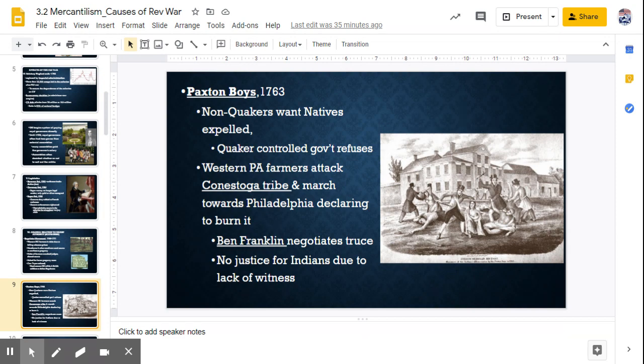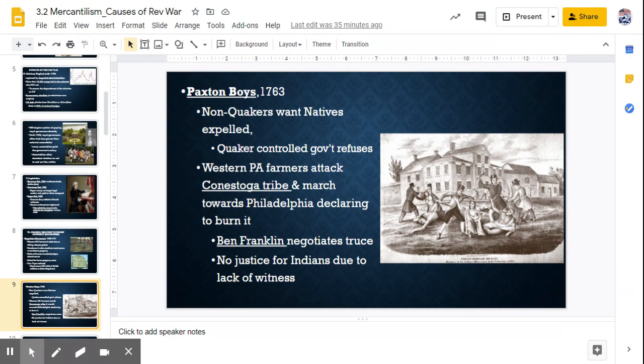And with both the Paxton Boys and the Regulators, these colonists did these things, and the colonial government and the British government backed down. They didn't really take any kind of direct action until it was too late, in a sense. With the Paxton Boys, they just allowed those people to get away with murder, literally. In the case of the Regulators, yes, they put down the force of the Regulation in Alamance in 1771.